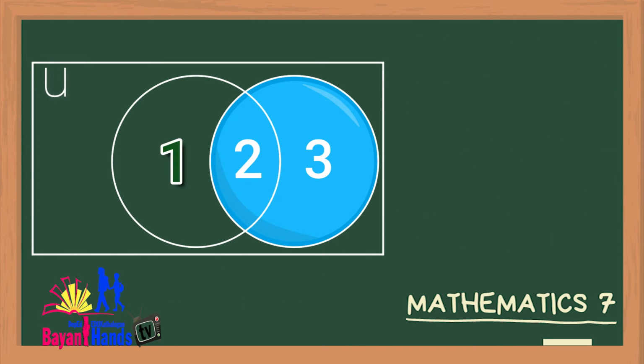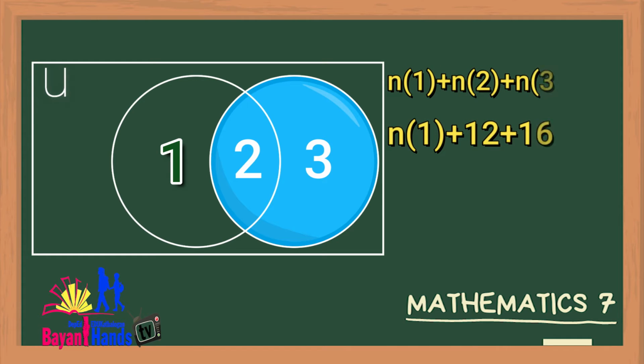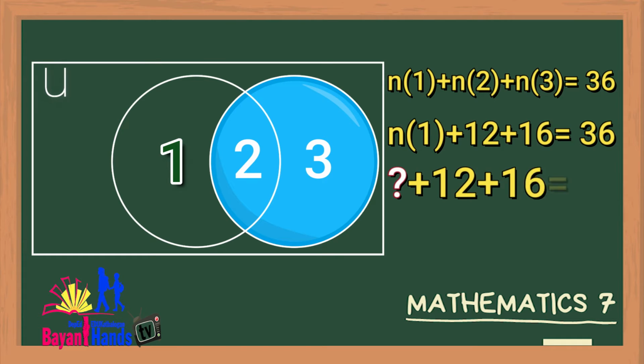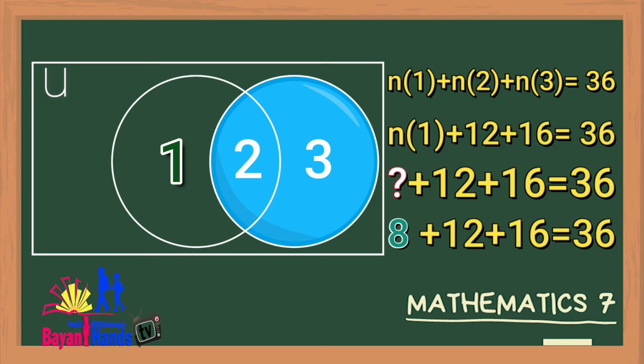And lastly, finding section 1 is very easy. Now, using the addition property, section 1 plus 12 for section 2 plus 16 for section 3 equals 36. A number plus 12 plus 16 that gives 36 is 8. So we have 8 plus 12 plus 16 equal to 36.